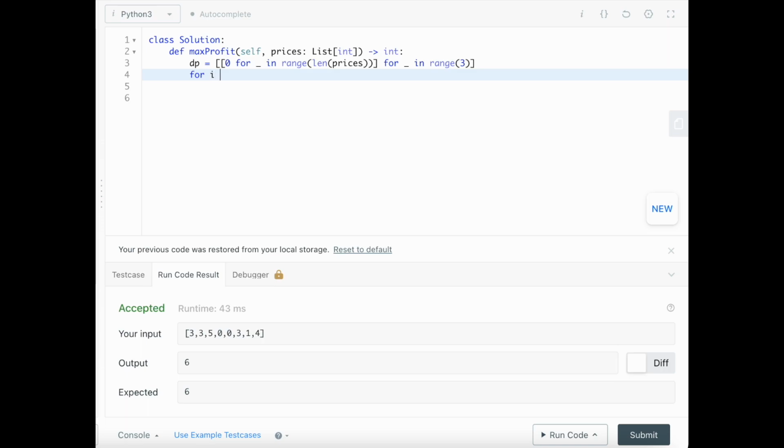So for i in range of 1 to 3, and we are going to initialize the best y. So best y is going to be dp of i minus 1 0 minus prices of 0, and for j in range of 1 to length of prices.